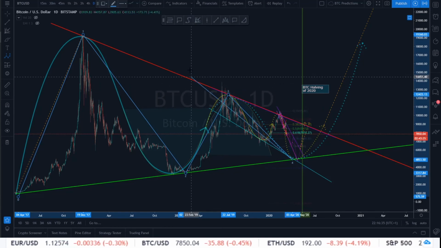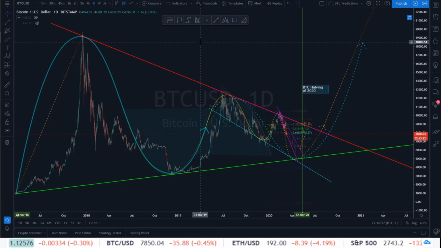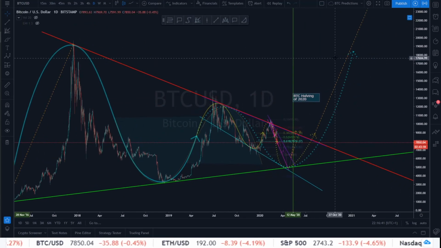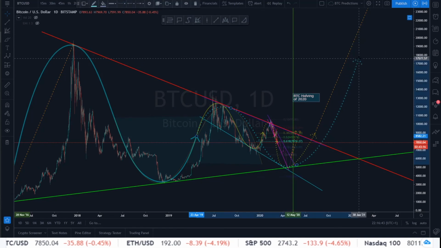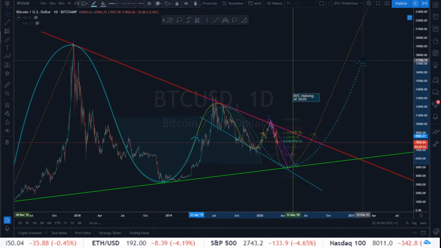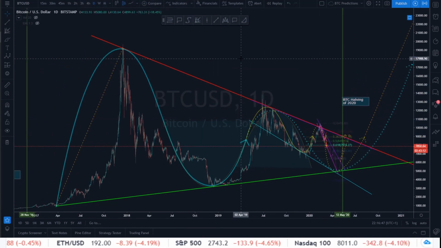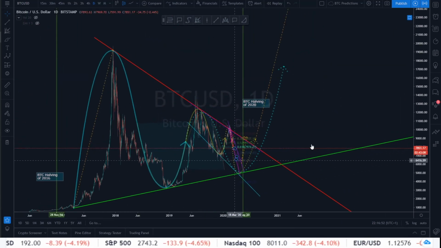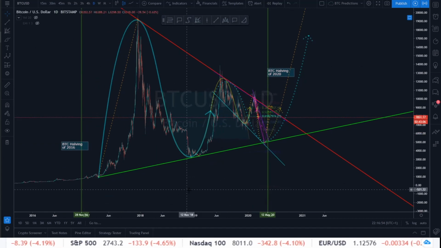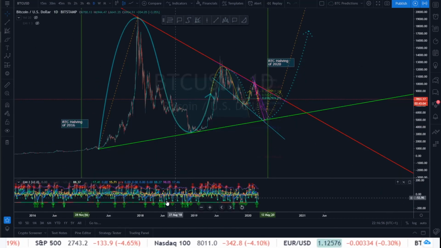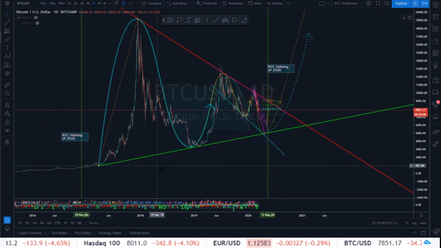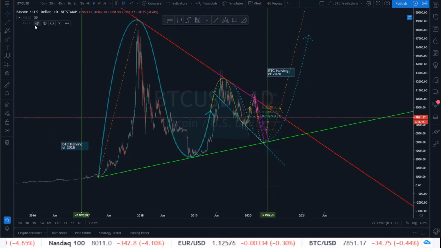So I only use these other methods as extra confirmation when I really need it. Although most of the time I'm just drawing pattern formations, and of course using my indicators. It's the oscillator, and here's another one.